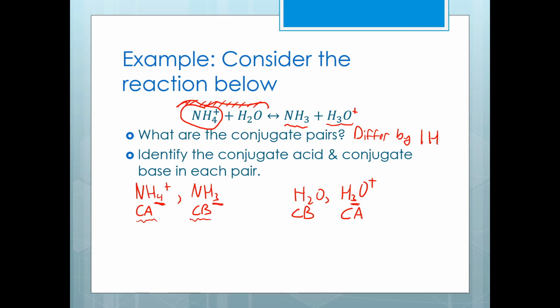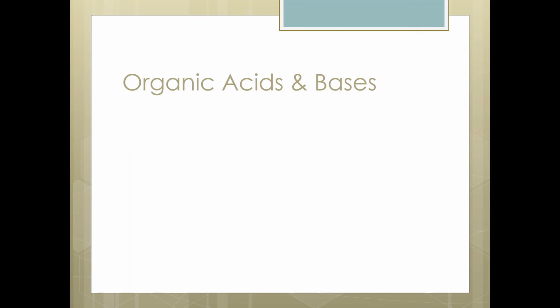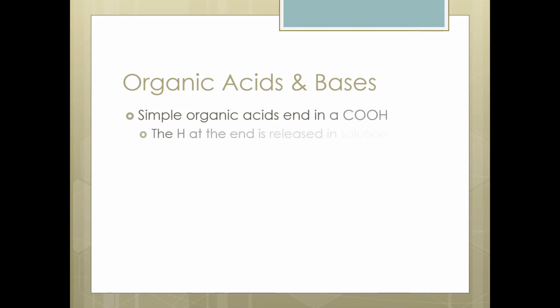Now let's talk about organic acids and bases, because these are a little harder to recognize than inorganic acids and bases. We'll start with acids first. Simple organic acids end in this group here, the COOH.